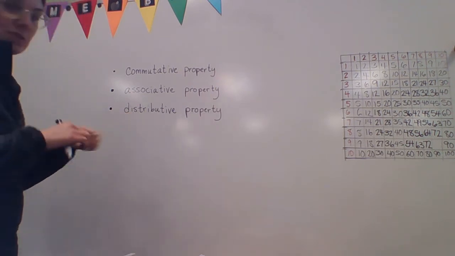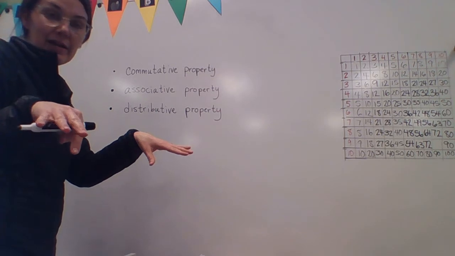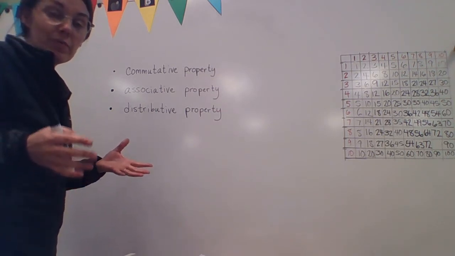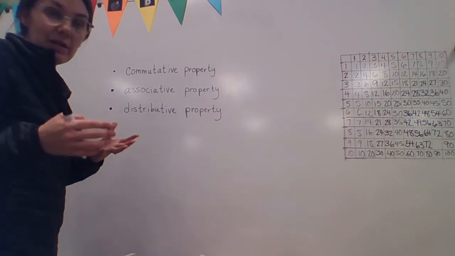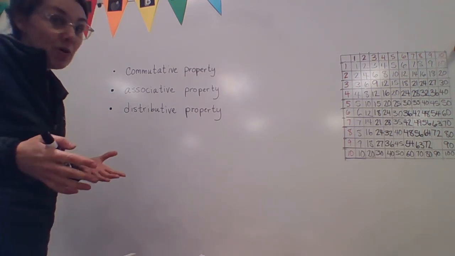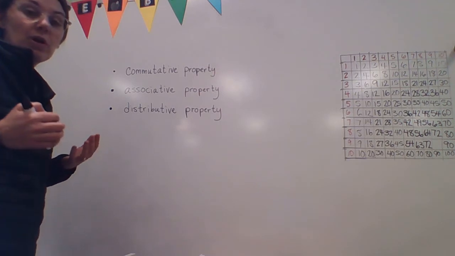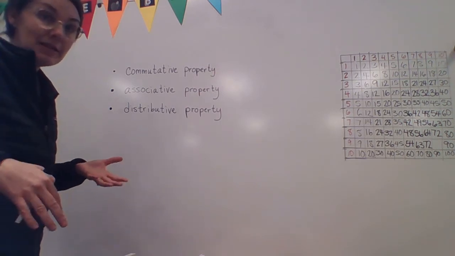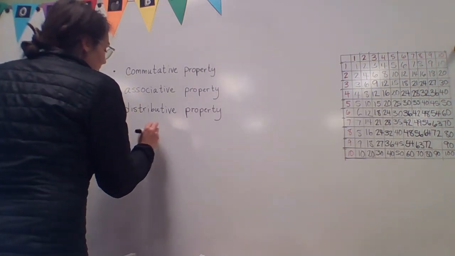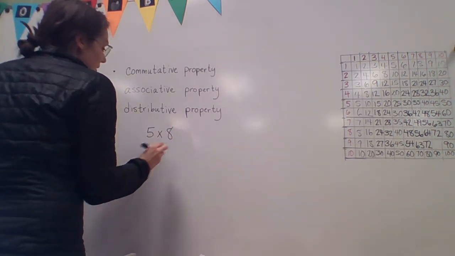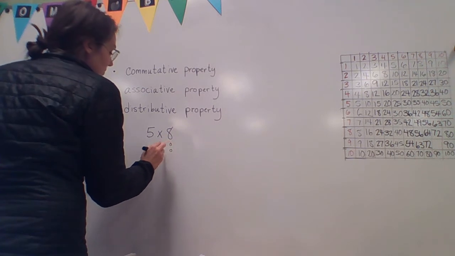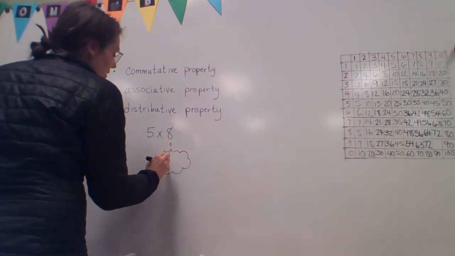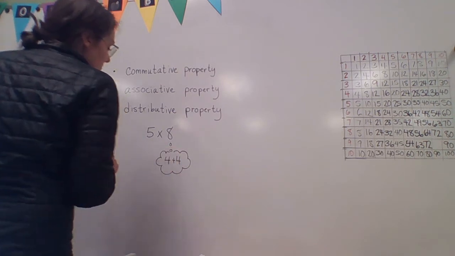So to distribute just means that we're going to kind of break them up, and that's exactly what we're doing with the distributive property in multiplication. We are breaking apart numbers so that we can make the problem easier. And we've already done some work with that, right? So thinking about what we talked about in our last lesson with multiplying by 7s and 8s, if I say I have 5 times 8, I can think about my 8 as being made up of 4 plus 4.